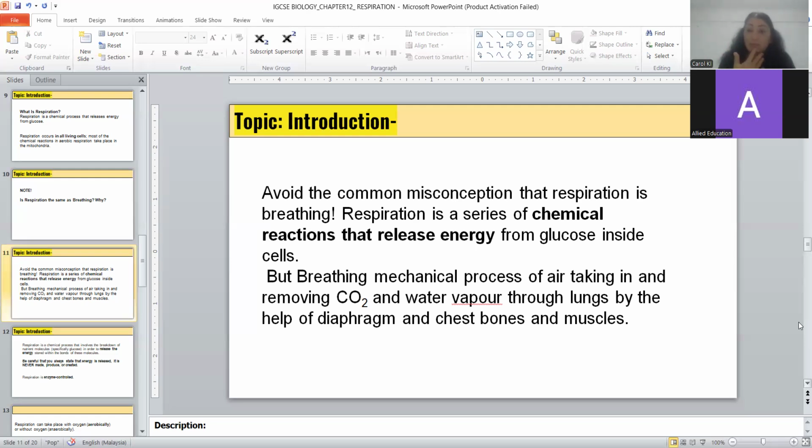And so it is very different. It's a kind of mechanical process. It's nothing relevant to those tiny glucose molecules that go inside your cells. We are not talking about that. So respiration is a chemical reaction, and breathing is a mechanical reaction.